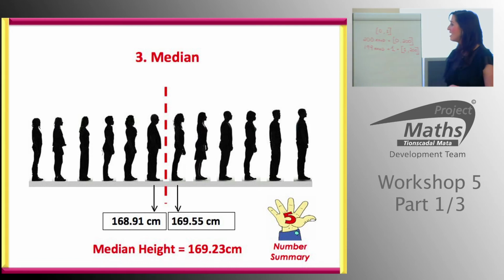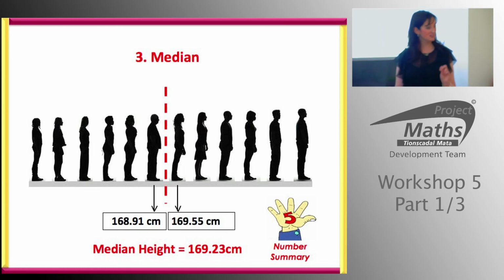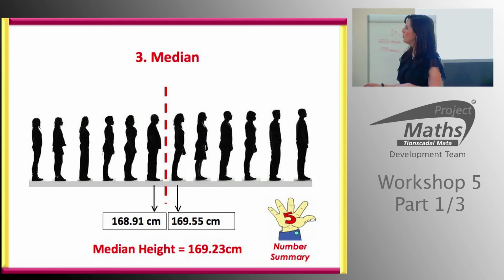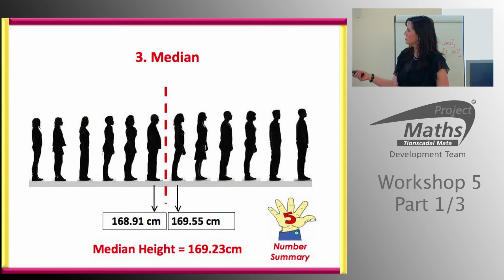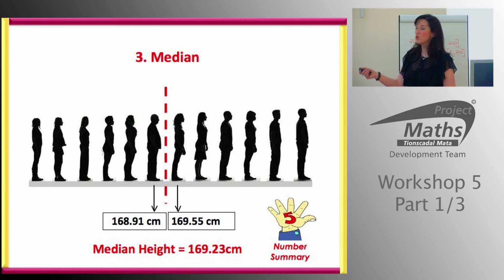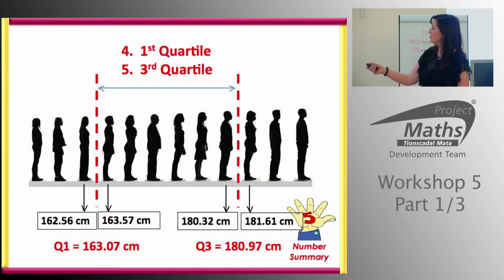Okay. And then the last 2 things in my 5-number summary are looking at the middle 50% or the interquartile range. So I need the first quartile. So quartile is really just quarter, isn't it? So a quarter way up will then be, here's my 6 people, it's going to be here, isn't it? So we're going to fall into the same problem.